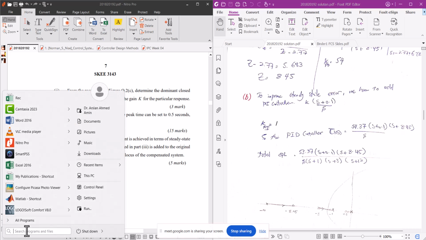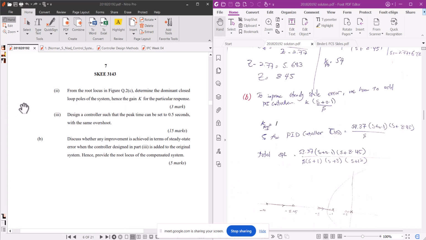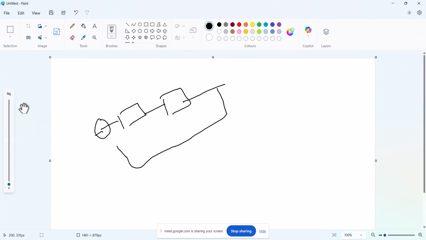Let me explain this in the paint. We have this transfer function and this transfer function and this output, right? Suppose we call it the controller GC and we call the plant GP. So the overall transfer function will be the product of GC and GP, GC into GP.